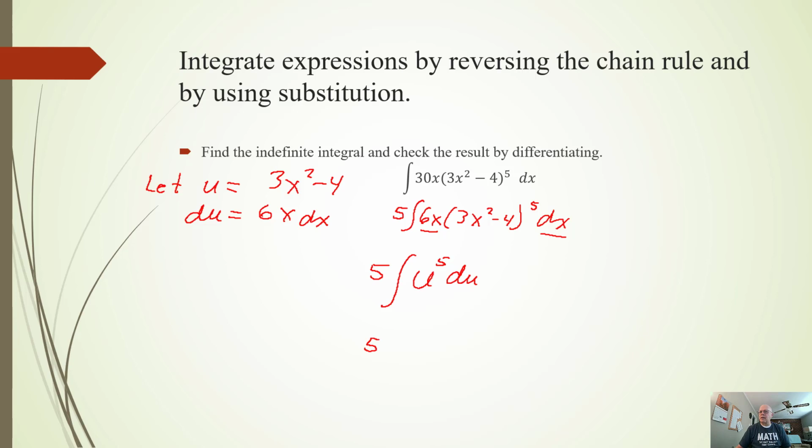So, leaving that 5 outside, what do we have? u to the sixth over 6 plus c. So we've got 5 sixths u to the sixth, we'll put the u back in, which is 3x squared minus 4. That's the 6th power plus our constant of integration. And we've got another one down.